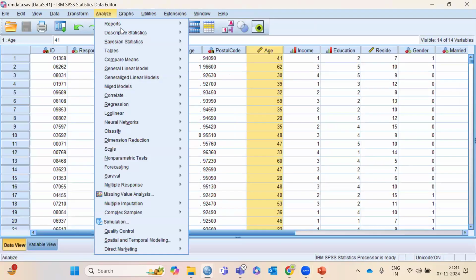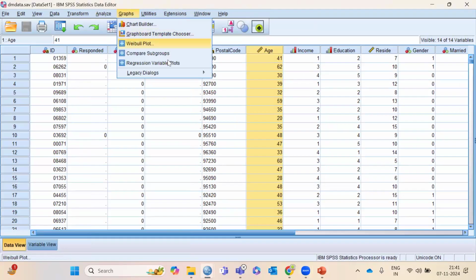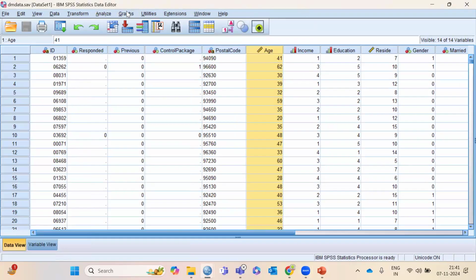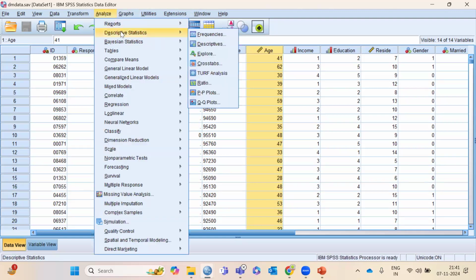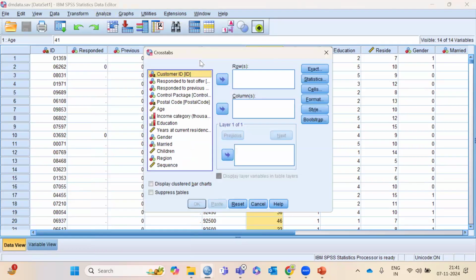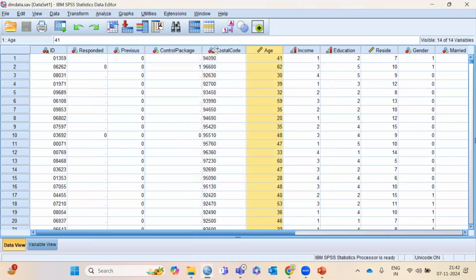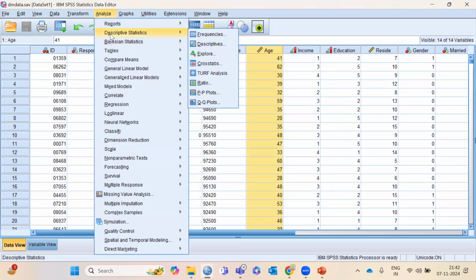Suppose I also want to see the graphs. Just give me a moment. Before setting up the graphs, suppose I go for Descriptive Statistics and I go for Crosstabs.